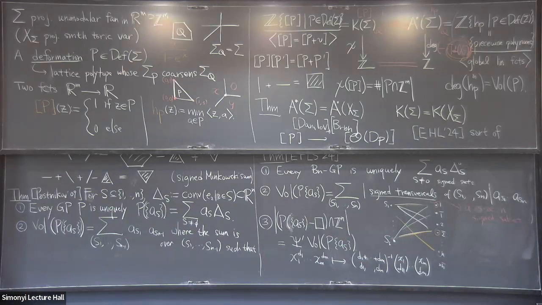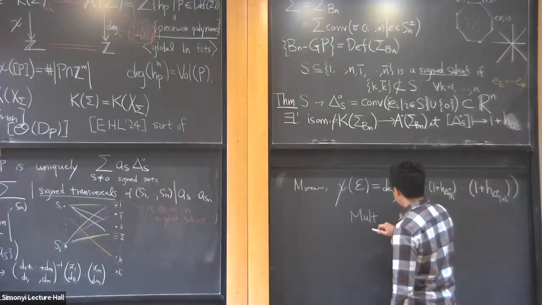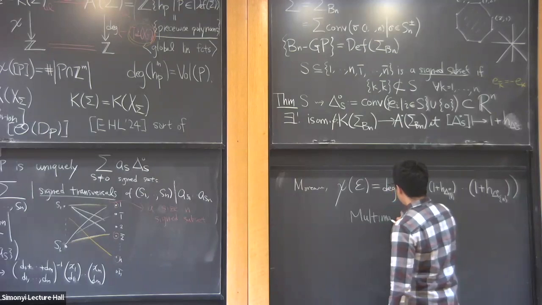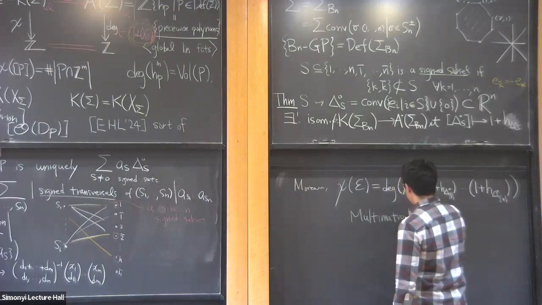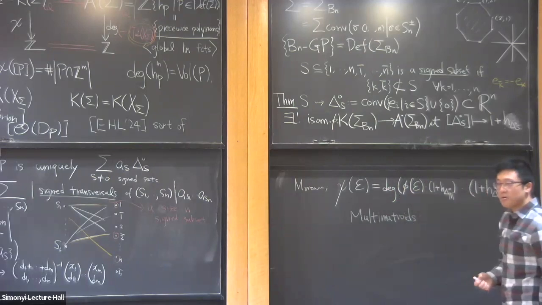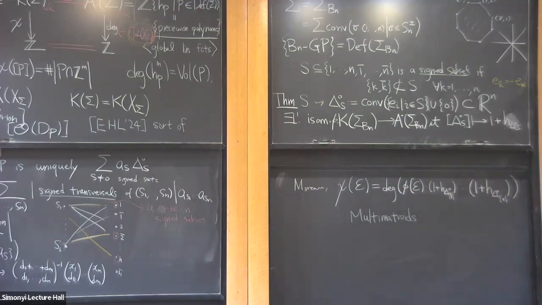This time I skipped much of what goes into the story of matroids, but I think there's a lot more to understand about these weird exceptional isomorphisms between K and H or K and A. And if you were at UA's talk last semester, there's a story about multi-matroids where, well, why stick with signed permutations?